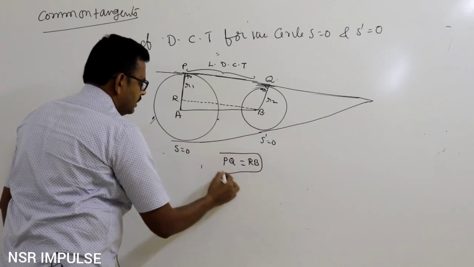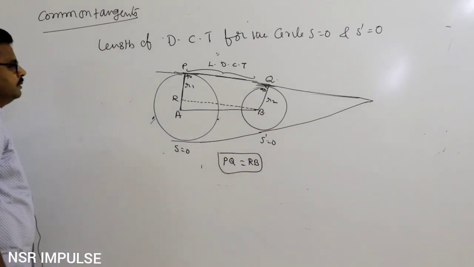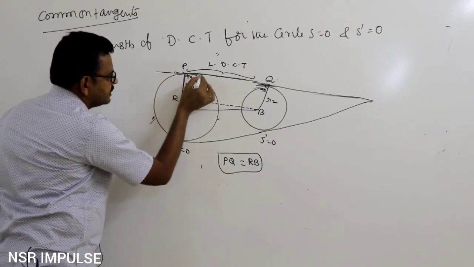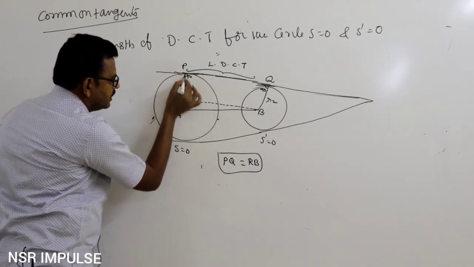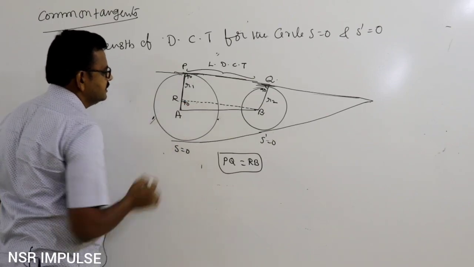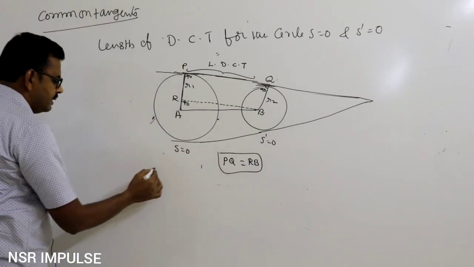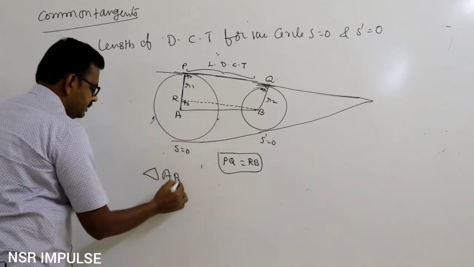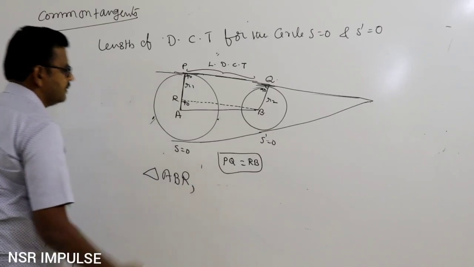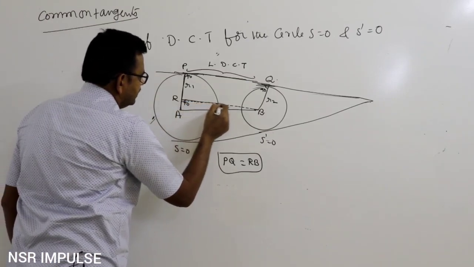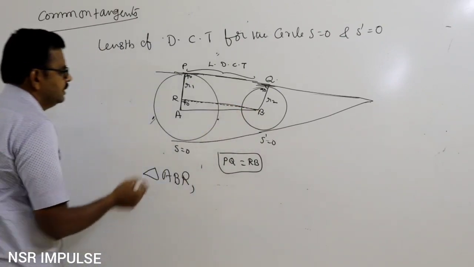PQ equals RB. These two are perpendicular, which implies this line is parallel to this one, and here the angle is also 90 degrees. Now from triangle ABR, we have a right angle triangle.